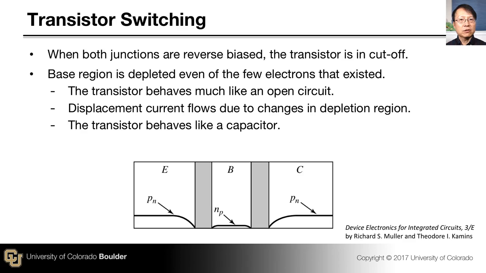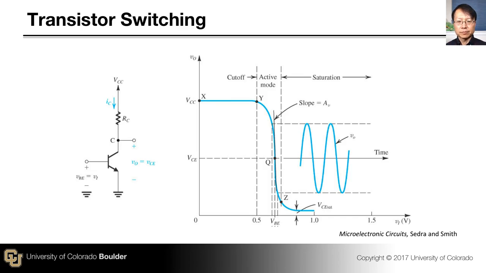So this transistor behaves like a capacitor, much like the reverse biased PN junction, and switching the transistor from the off state into the on state requires some flow of displacement current in order to reduce the built-in charge in the space charge region in these two junctions.